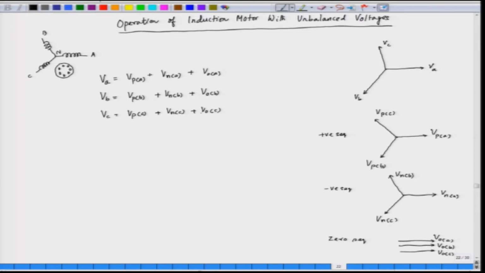Now, we notice that in the positive sequence component, B is lagging behind A by 120 and C is lagging behind B by 120. So, the sequence is ABC.